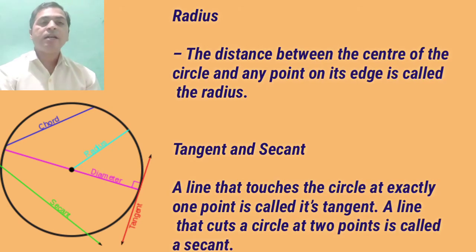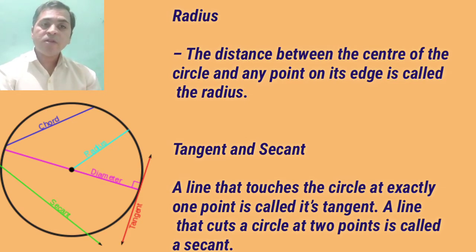In this slide we will learn about radius, tangent and secant. So what is the radius? Earlier we have studied that the distance between the center of a circle and any point on its edge is called the radius. Here in the diagram you can see the distance from the fixed point to any point on the circle is the radius.